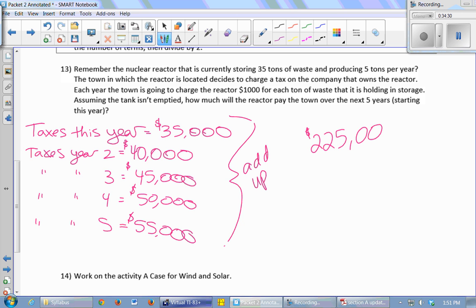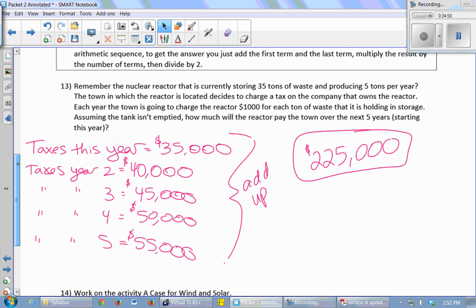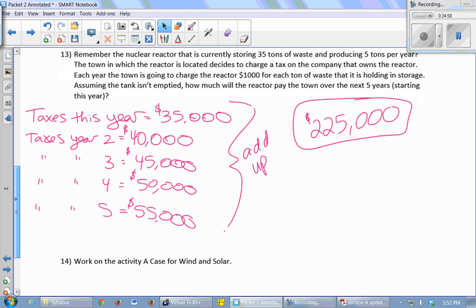$225,000. Okay, but there is also a rule you can use if the numbers in your list happen to be arithmetic, right? If the pattern is that the numbers always go up by the same amount, in this case $5,000, you can use that little formula from the box. Just add the first term and the last term, multiply the result by the number of terms, and then divide by 2.